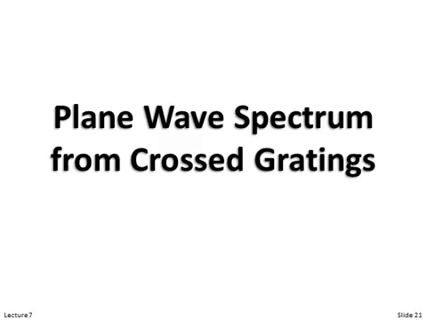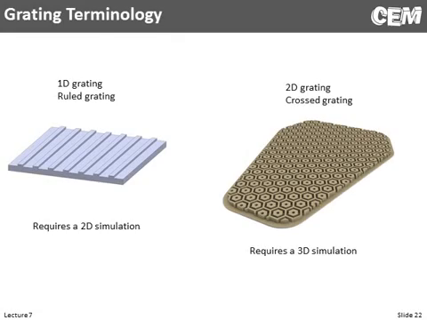So that is just from a one-dimensional grating. I want to generalize this to what we call crossed gratings. So we just talked about what in the literature they sometimes call a 1D grating because it has periodicity only in one dimension. Sometimes it's called a ruled grating. And this actually requires a two-dimensional simulation, a two-dimensional model to be able to calculate everything about that.